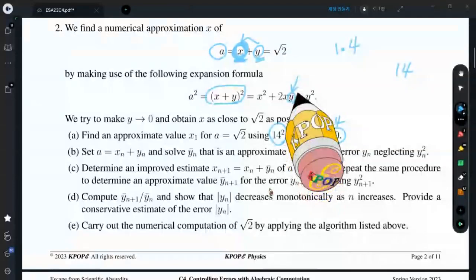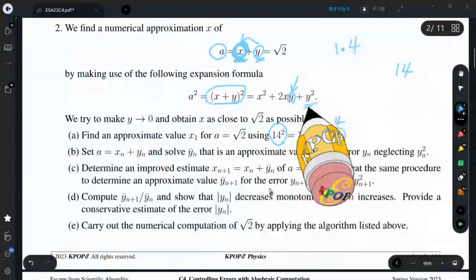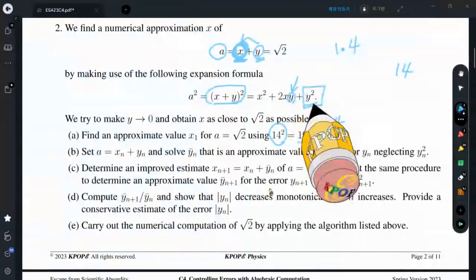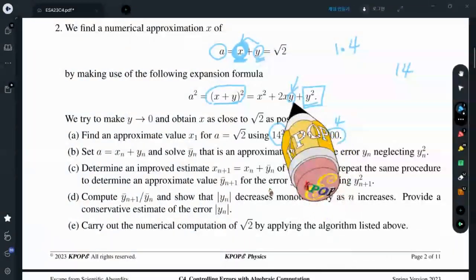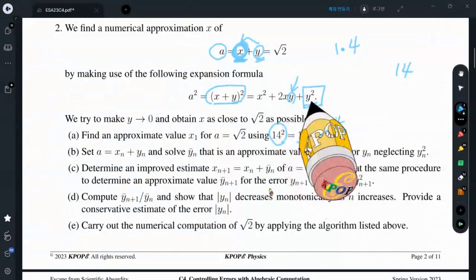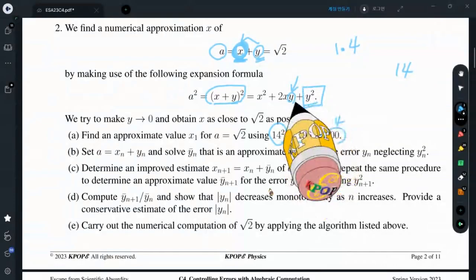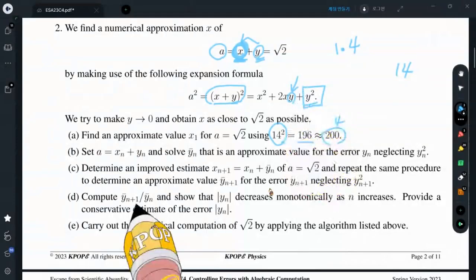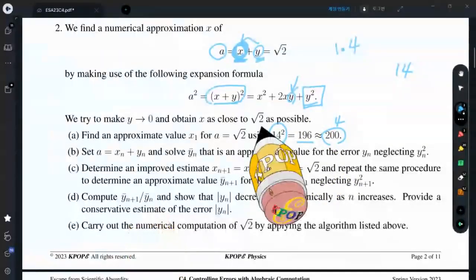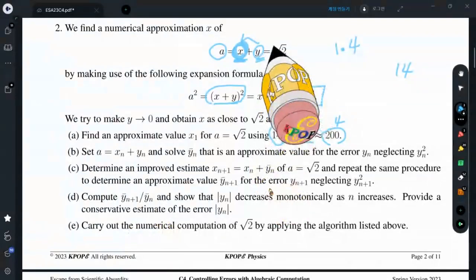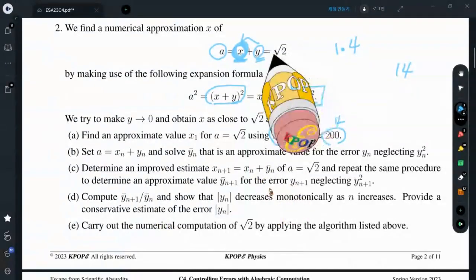So we have a small number y that has an error of 2%, but I have y squared in the next term. It is evident that the y squared term is much smaller than this. That's the basic idea of finding an approximate value that approaches eventually arbitrarily close to the actual genuine value of the square root of 2.